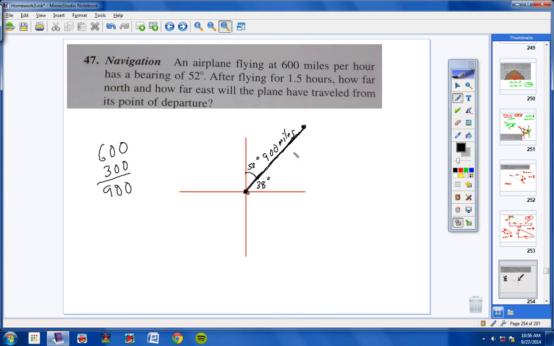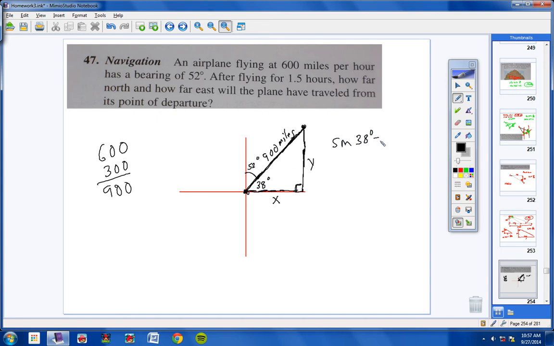Now, the question they're asking very simply is how far north. So the distance from here to here has the plane traveled, and how far east, the distance from here to here. So really pretty simple. We'll call this X, we'll call this Y, and here we go.